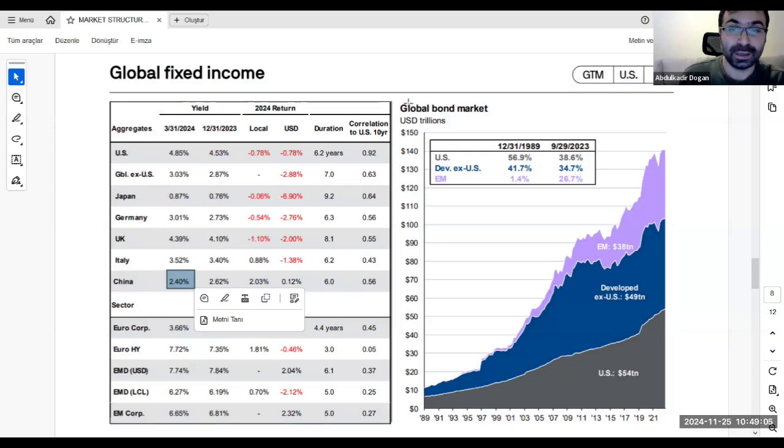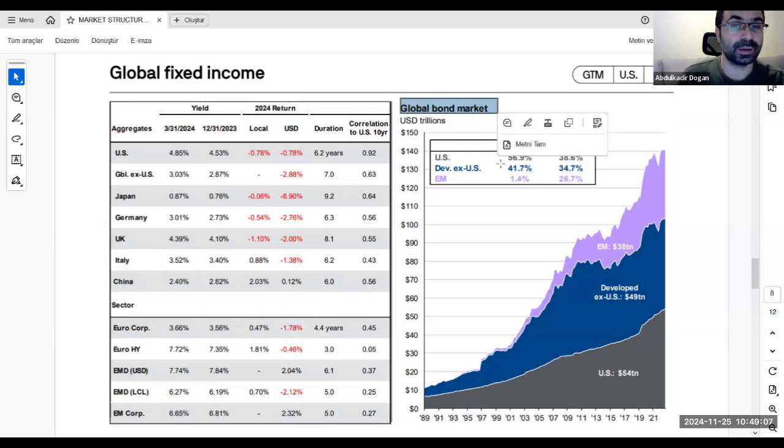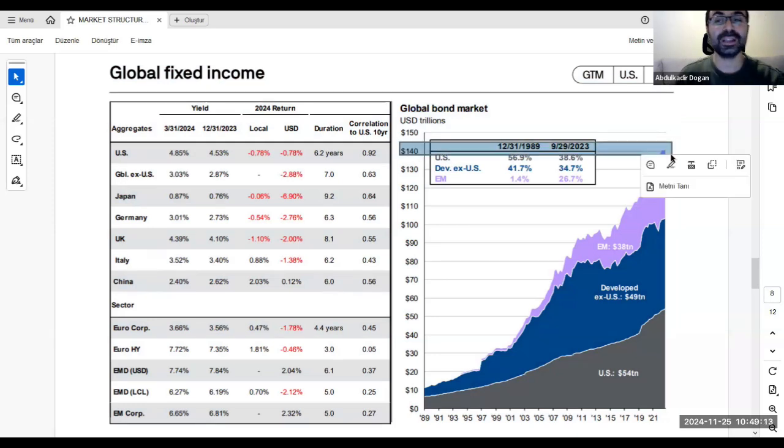And here, if we look at the global bond market, please look at the numbers. It is really, really important. What is the global bond market today? $140 trillion total. $140 trillion.